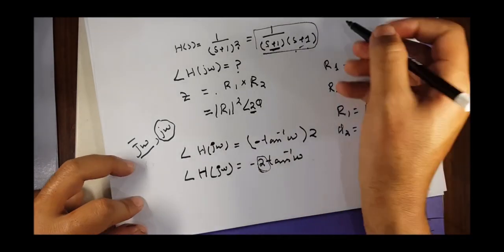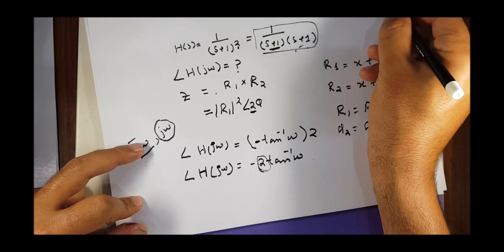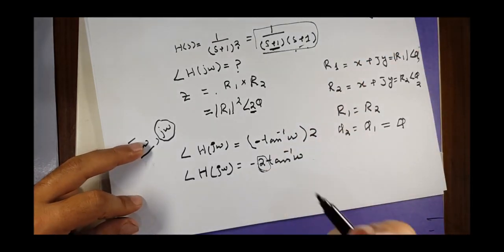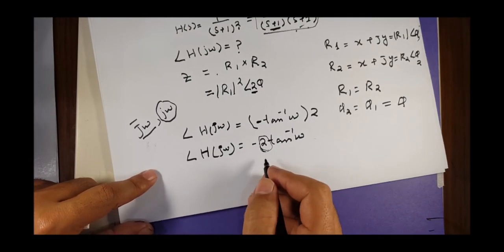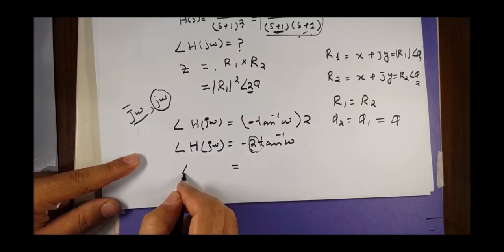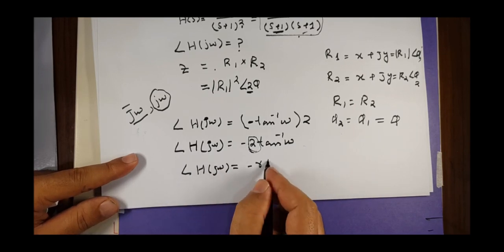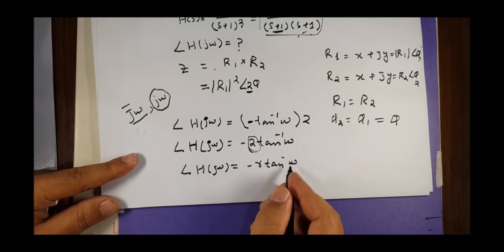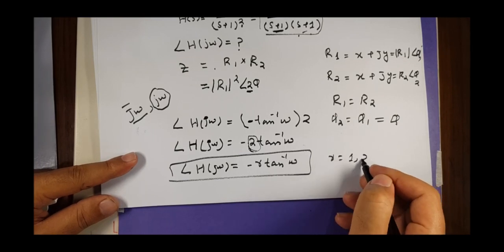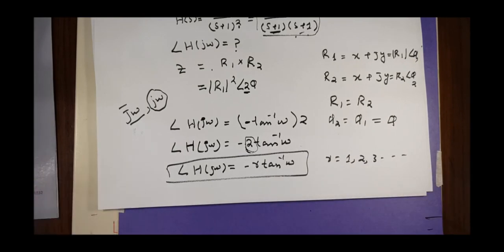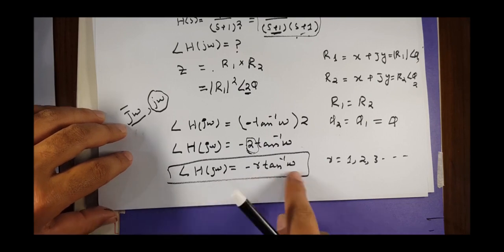So if you have a transfer function of this form, H of s is equal to 1 by (s plus 1) to the power r, where r could be any number, 1, 2, 3, 4, any number, then we can simply write that the angle of H of j omega will be minus r times tan inverse omega, where r could be 1, 2, 3, 4, 5, 6 and so on. So this is how you can find the phase of repeated poles.